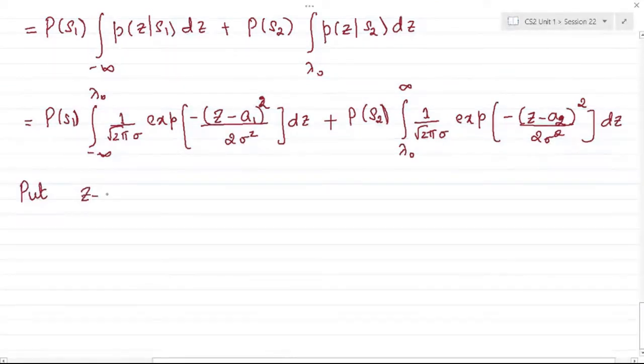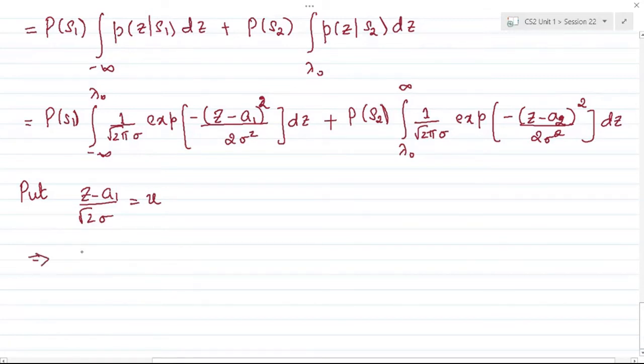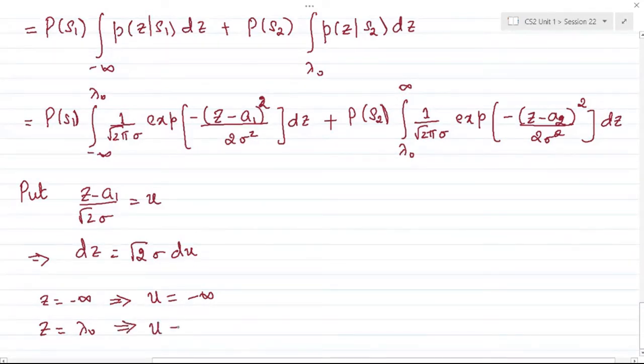Put z minus a1 by root 2 sigma as some variable u, so that this will be exponential of minus u square. Dz would be root 2 sigma du, and if the lower limit is minus infinity, u also tends to minus infinity, and when z is equal to lambda naught, u is simply lambda naught minus a1 by root 2 sigma.